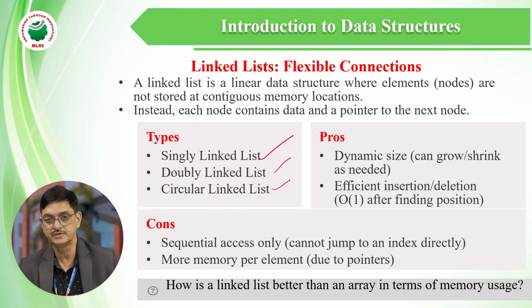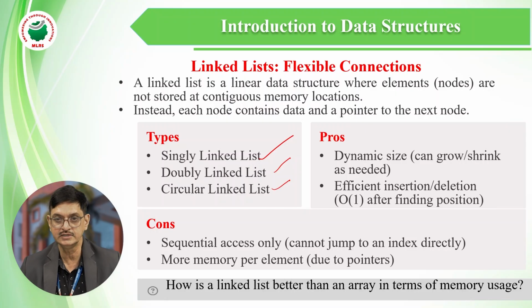The difference between arrays and linked lists is that in arrays we move directly to the required element using the index. Whereas in a linked list, we follow the first element to the second element to the third element in a particular sequence. We can't directly move to the required location. The third type is the circular linked list.